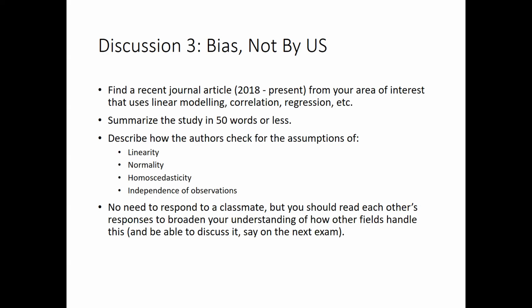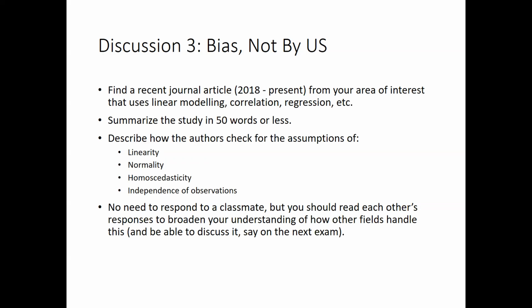So this week's assignment is just a discussion, but it is a little different. What I want you to do, instead of focusing purely on the measures of central tendency like we did before with that article, is go try to find data or a report, rather, a journal article, that looks at using either correlation, regression, or linear modeling.